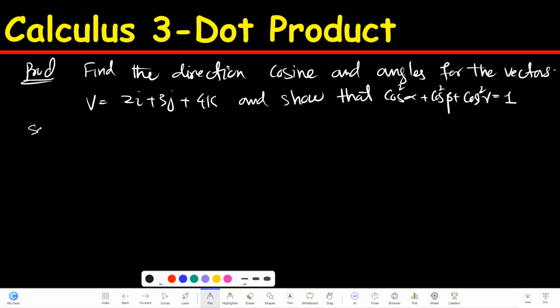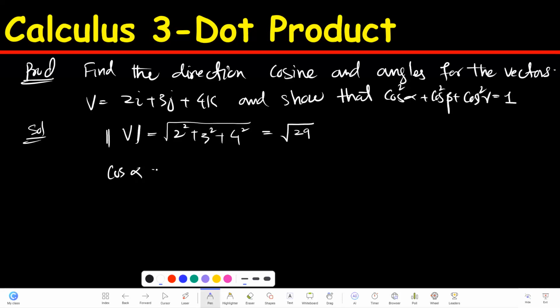Solution. In order to find v, I just do a one-time calculation. So v equals the square root of 2 squared plus 3 squared plus 4 squared, which is the square root of 29. Use the formula cosine alpha equals vx or vi over v.